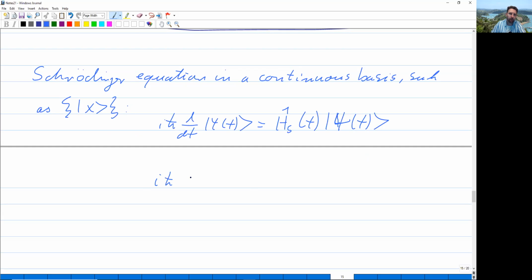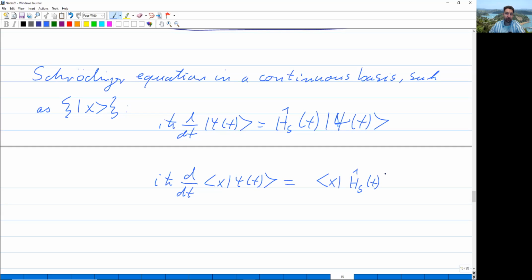So we obtain i h bar d by dt of x psi of t. And this is then x H hat of t psi of t.